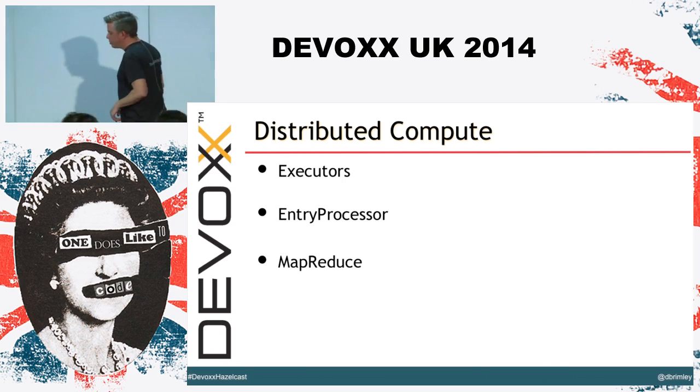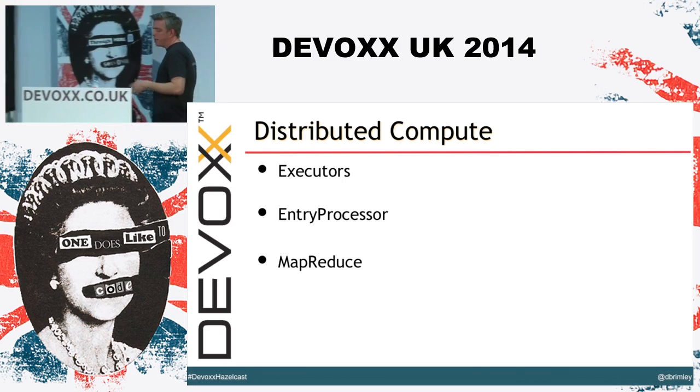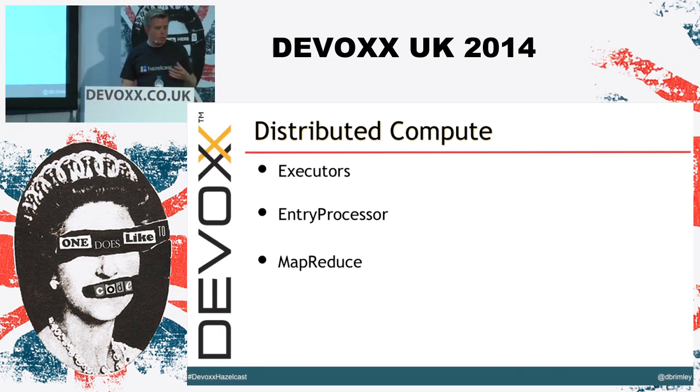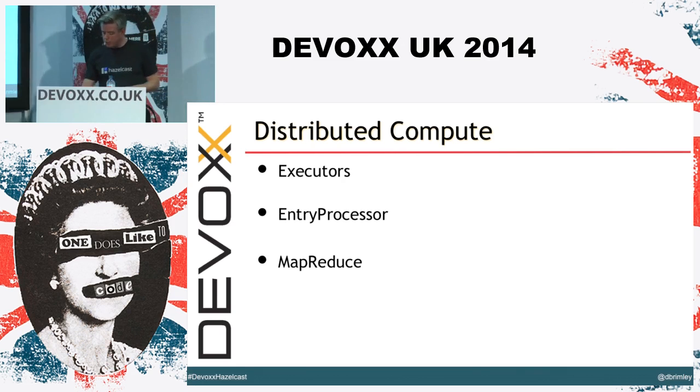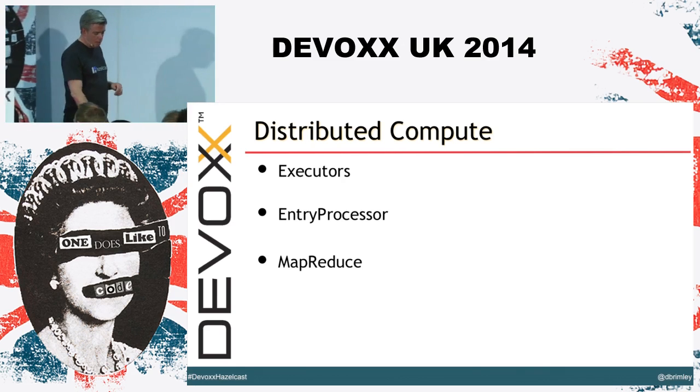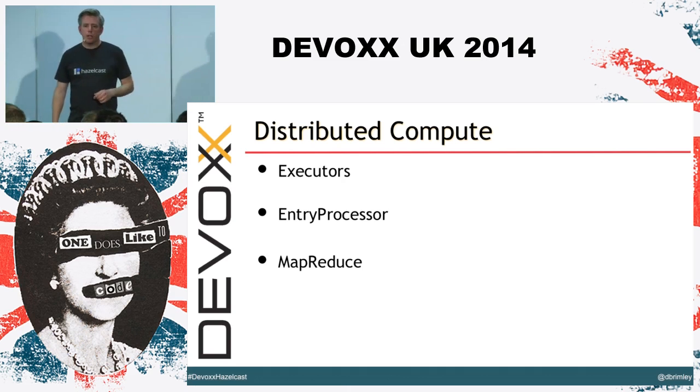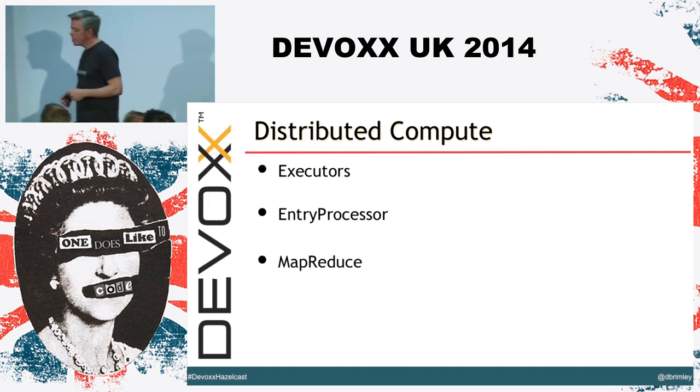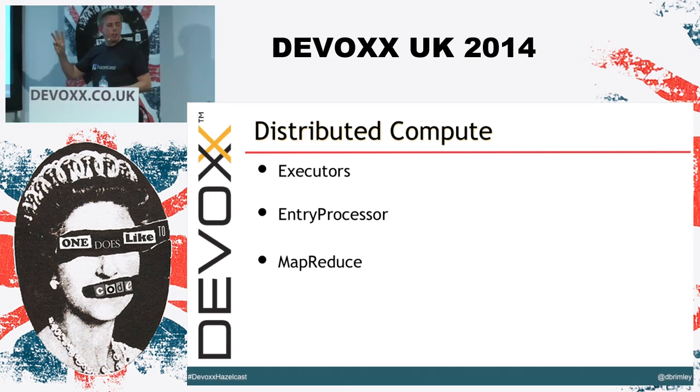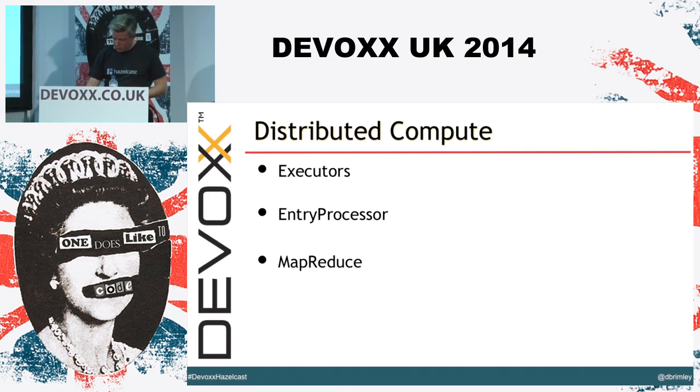You can do entry processors, and that's a way of doing per key based distributed compute operations. And we'll look at all of these in a moment. And then finally, as of about a month ago, we've got MapReduce, and that's a Hadoop-like API where you can run MapReduce operations inside the cluster. So there are 3 ways of doing distributed compute.